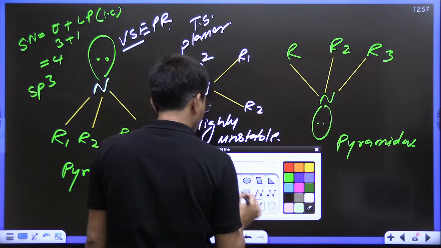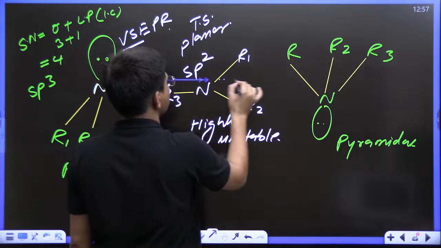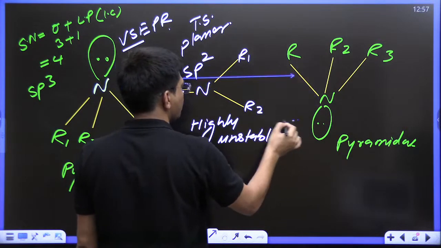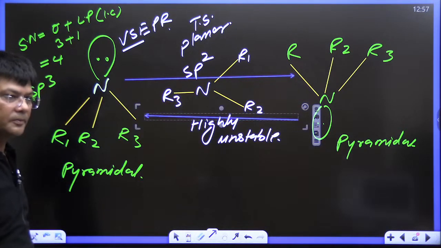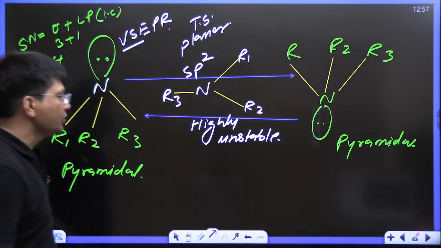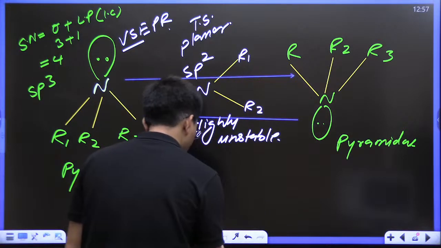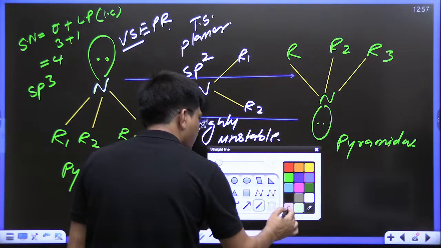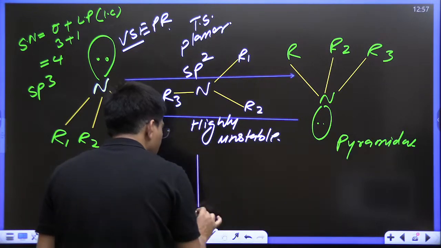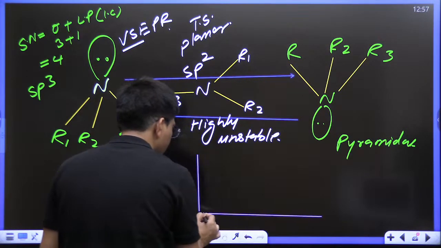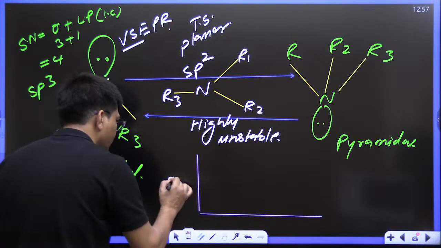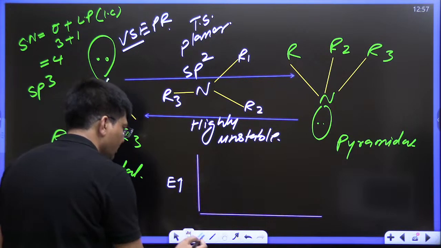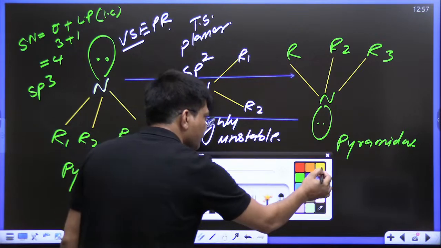These two forms are interconvertible; this form converts into that form and that form converts into this form, but this is the transition state. If I draw the graph for it, this is the energy, and the two forms look like this.